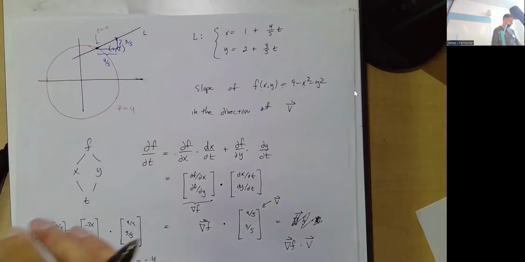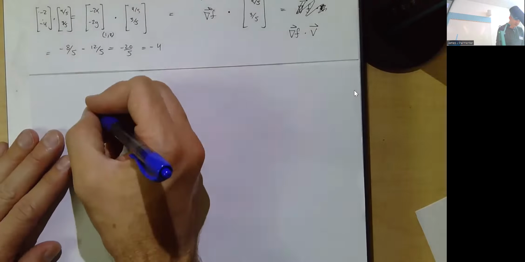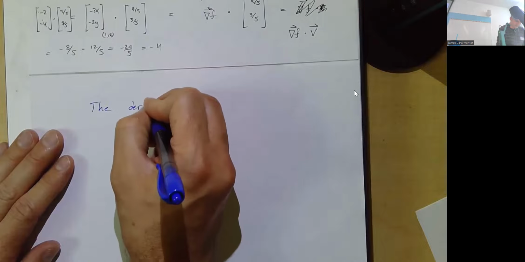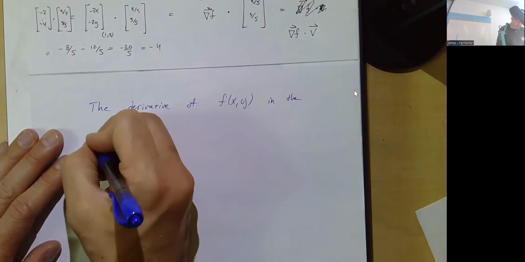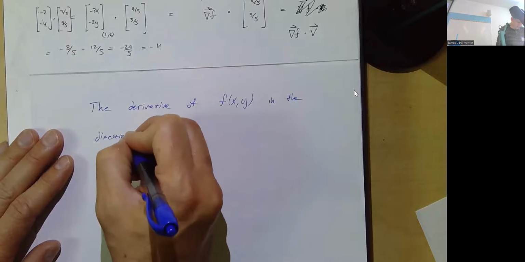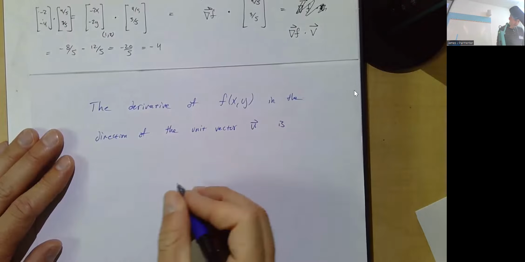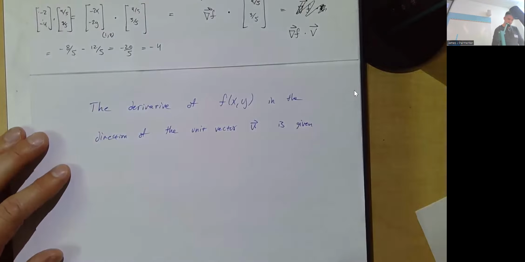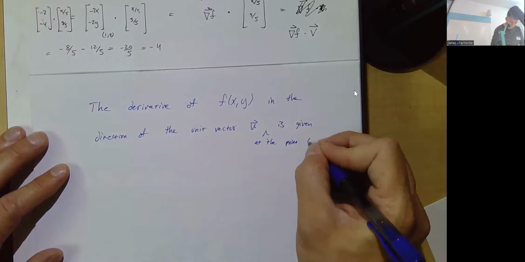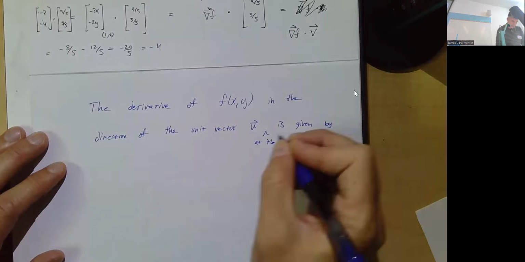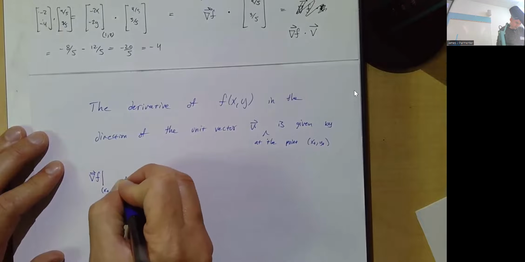So to summarize here, the derivative of a function of x and y in the direction of the unit vector u at the point x naught, y naught is given by the gradient of f evaluated at x naught, y naught dotted with the unit vector u.